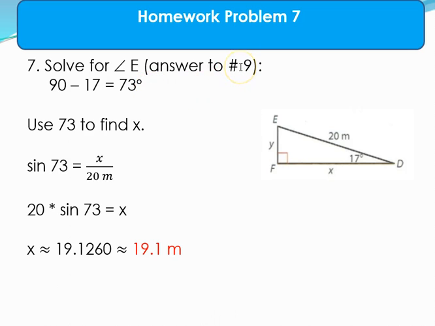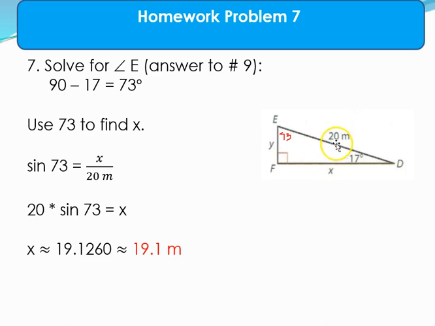And that happens to be the answer to number 9. So we're going to use the 73 degrees. Let me write that in there. To solve for x, if we look at our 73-degree angle, we see that x is opposite and that we have a hypotenuse.